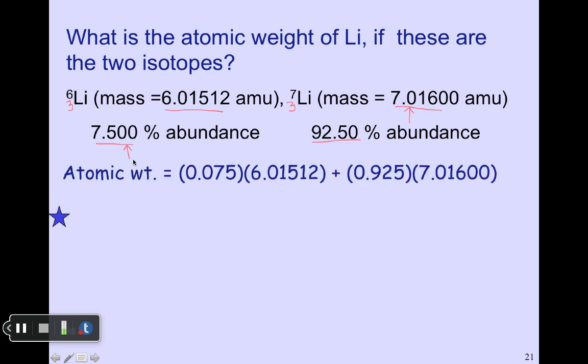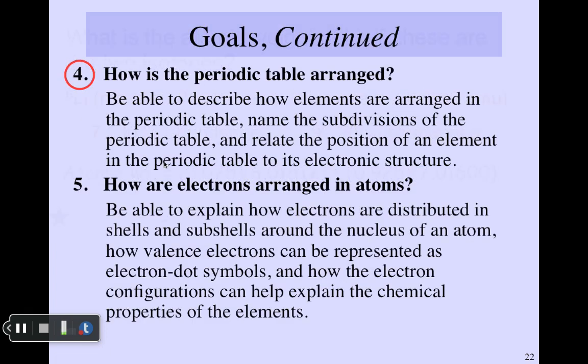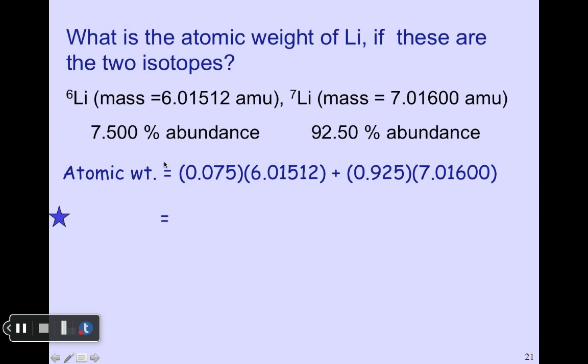You take the percentage abundance for the one isotope. The one isotope's percentage abundance is reported as a decimal, and you multiply that times its mass.